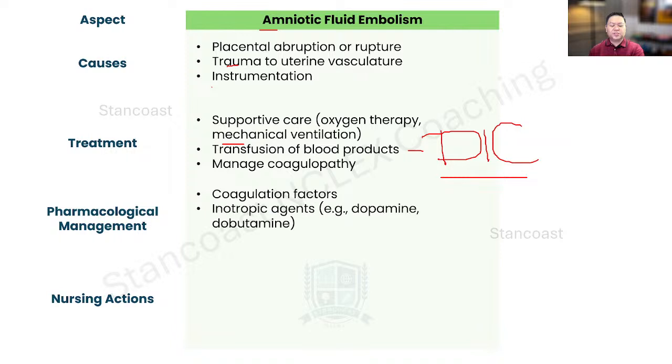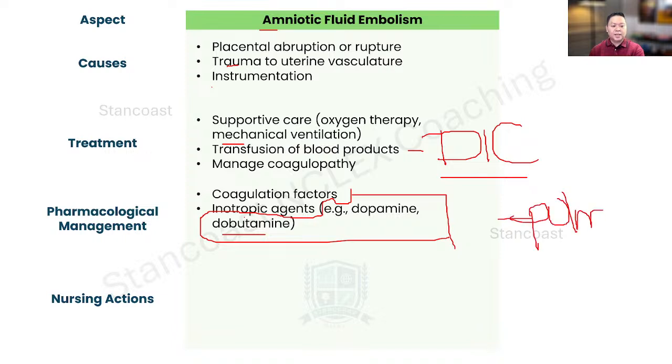And of course, we're going to have to support the treatment with the administration of inotropic agents, and these are your dopamine and dobutamine. Guys, please pay attention here. I did not include this in the pulmonary embolism, so I apologize, but the use of dopamine, the inotropic agents, can also be used in the pulmonary embolism, especially if there is a profound drop in the blood pressure.